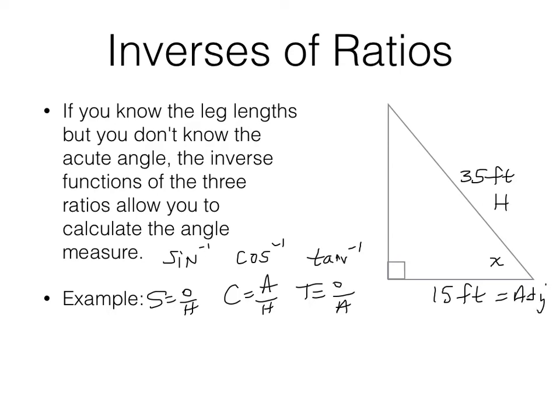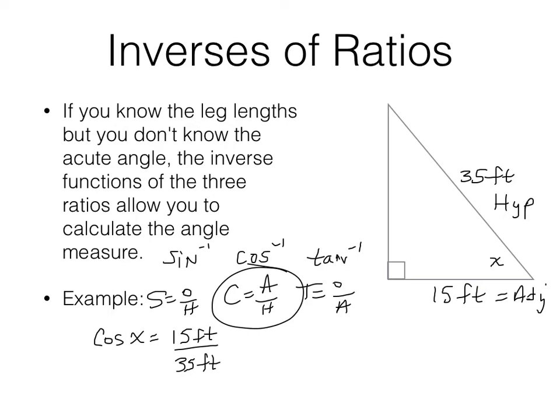And we are having a hypotenuse. So we're going to use cosine. Now, what we have here is a situation where we have cosine of some angle x should equal 15 feet over 35 feet.